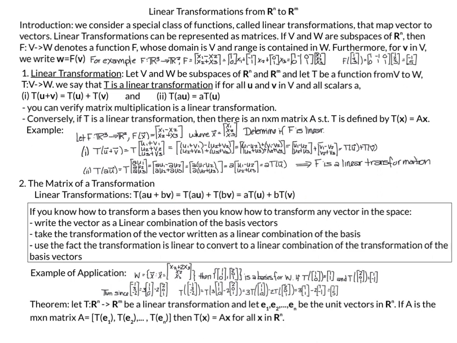We did an example of this, that once you know how to transform a basis, then you know how to transform any vector in the space. And in fact, we did an example where we didn't even define the transformation explicitly, but we just defined the transformation in terms of how it affected the bases. That was our first example in this section. And then we said, okay, how can we transform some random vector in the space, knowing only how the transformation affects the bases?